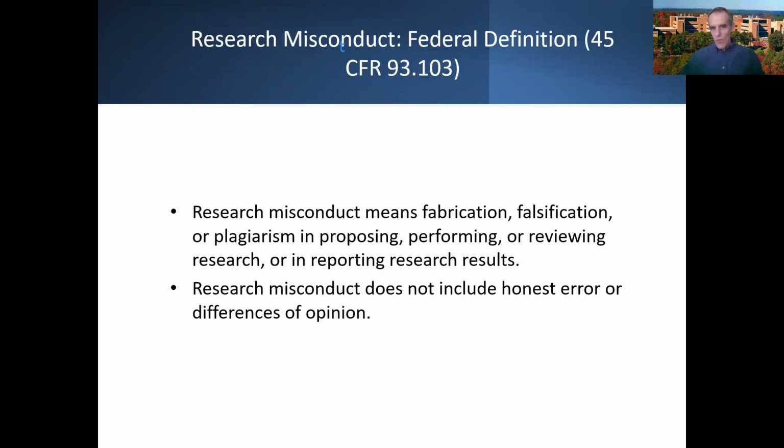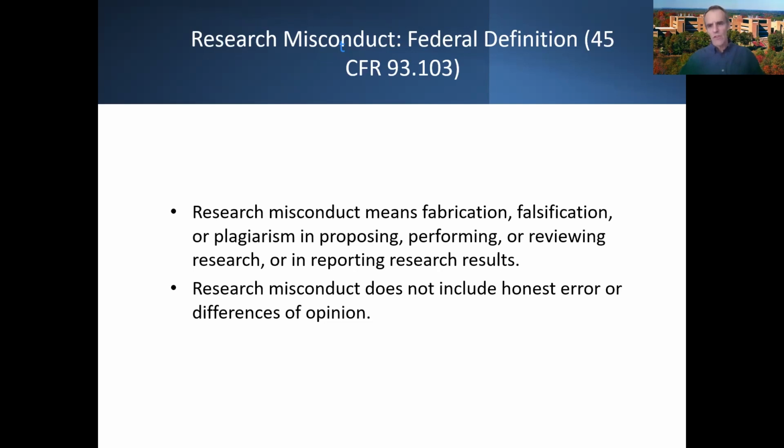So the most widely used definition of research misconduct is the federal definition, which is used by all federal agencies, and most universities have this as their definition, or they may go beyond this. They may include other things, but they at least include this.